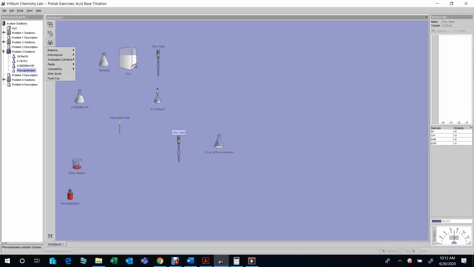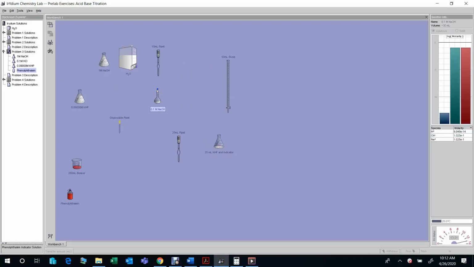To do titration, we need to fill the burette. Okay, 50 milliliter burette, and then we pour. Just now I did some trial experiment and I used 42 milliliter.